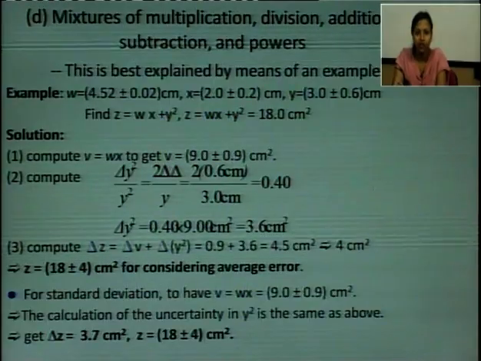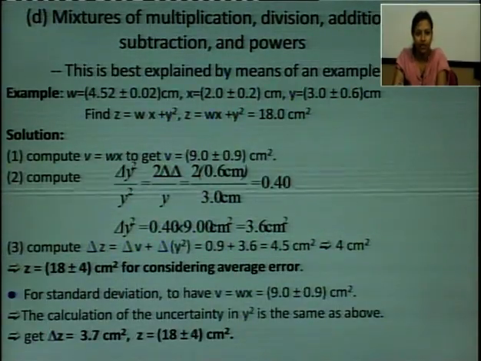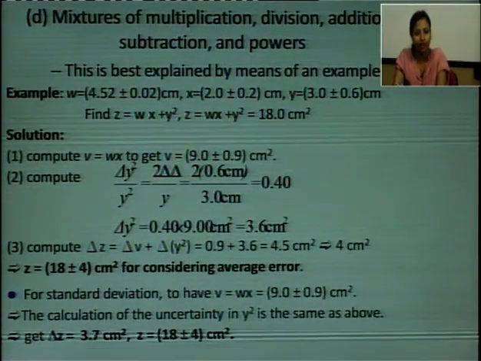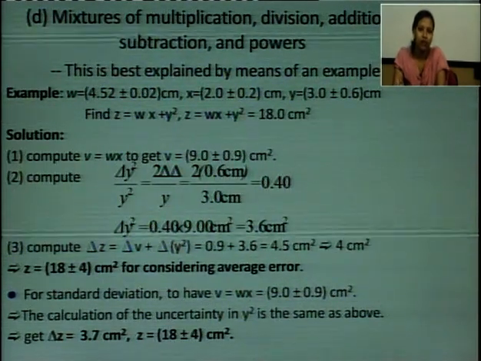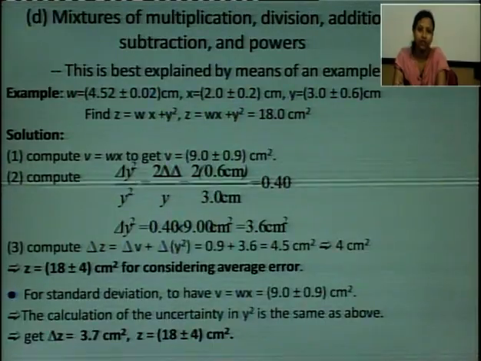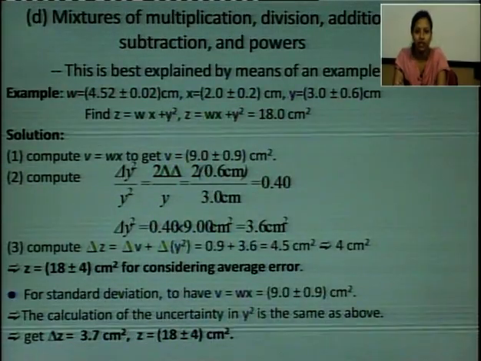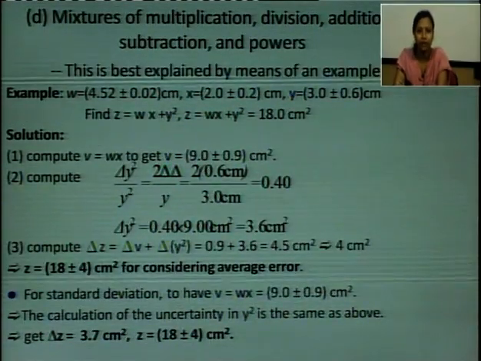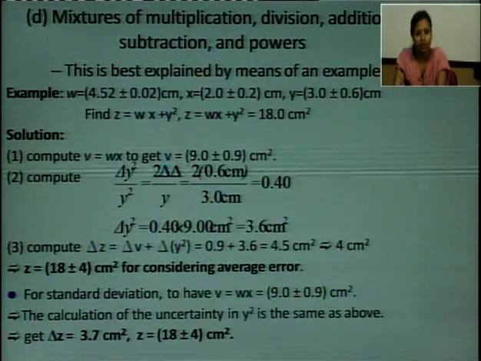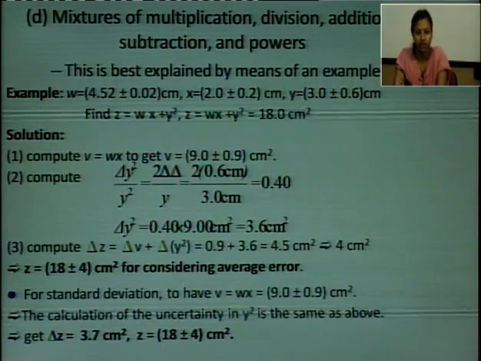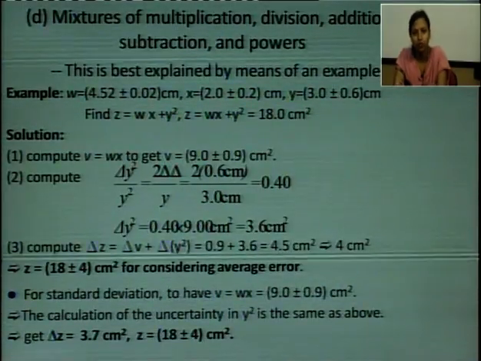So first we need to calculate delta v and then we will calculate delta of y square. So v is equal to wx. With the help of this we can calculate delta w upon w plus delta x upon x. So v is equal to 9 plus minus 0.9 centimeter square. So delta v is 0.9.